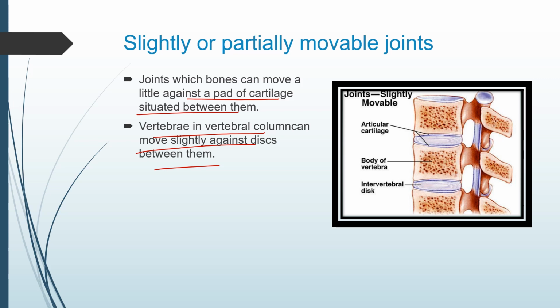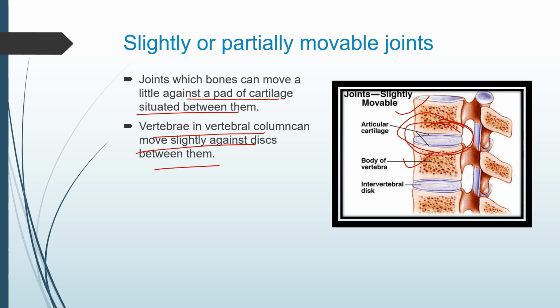So they are slightly movable joints. So this is the articular cartilage. These are the vertebrae. This articular cartilage is joining these two vertebrae together, and they are slightly movable. Like if you are bending, if you are walking, these two vertebrae are slightly or partially movable.